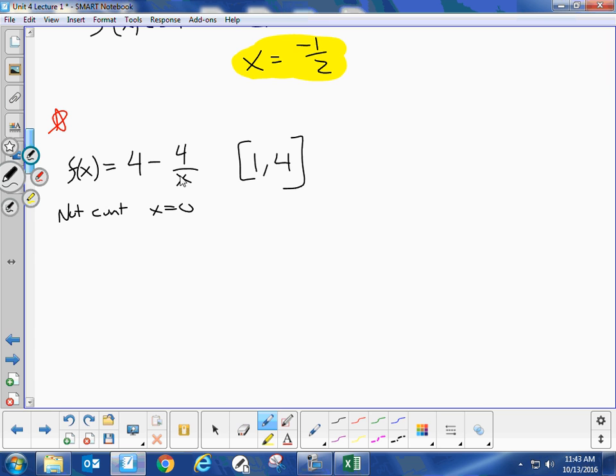Because if I plug in 0, that's bad. Also, the derivative, this is negative 4x to the negative first. The derivative would be 4 over x squared. The derivative is not differentiable at x equals 0 as well. However, 0 is outside the interval, so we're actually good. It will be differentiable between 1 and 4.